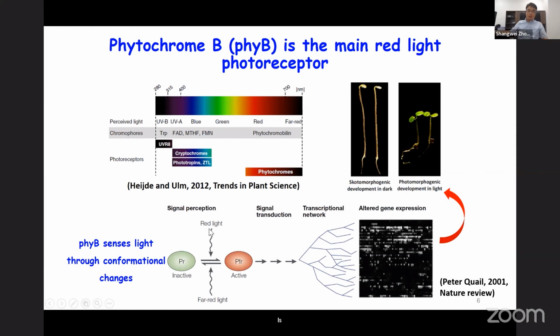When exposed to red light, the Pr form will transfer to the Pfr form, which is the active form, and the Pfr form of phyB will translocate into the nucleus, where it will regulate the expression of thousands of genes to produce the physiological responses. And this Pfr form of phyB can be reversed to the Pr form by far-red light. So with these Pr and Pfr conformational changes, phyB can sense the light changes.